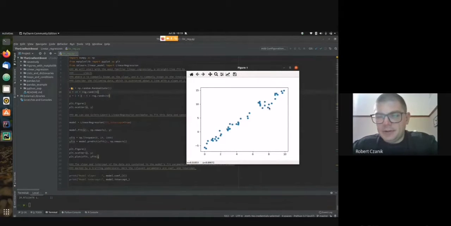Okay, so let me first explain to you what I'm doing here with the equation for the straight line, because you can see that there's this extra term here that might be a little bit confusing. And why do I multiply x with 10? If you can see here, it's a full range going from 0 to 10, okay?